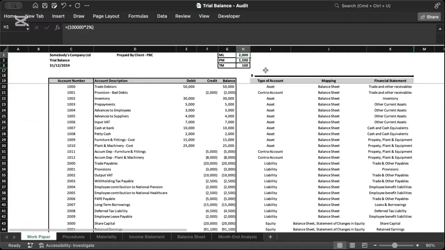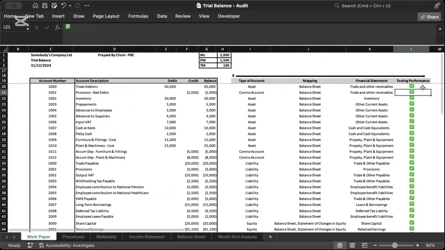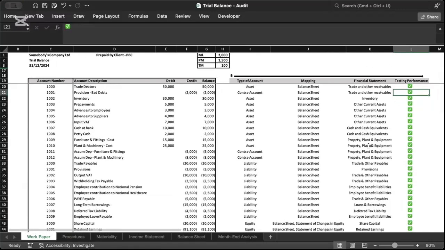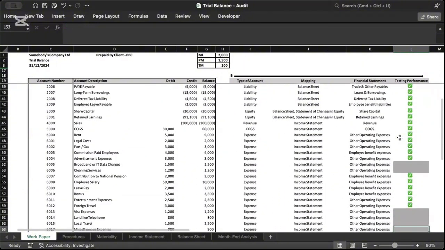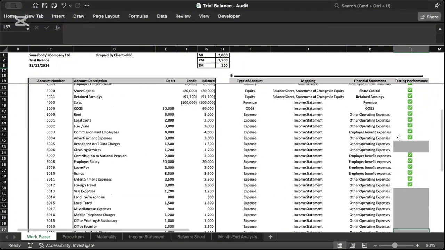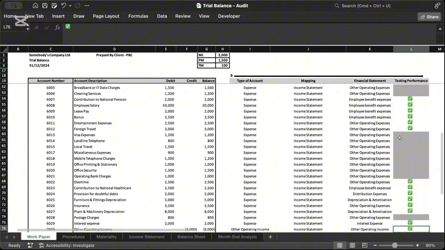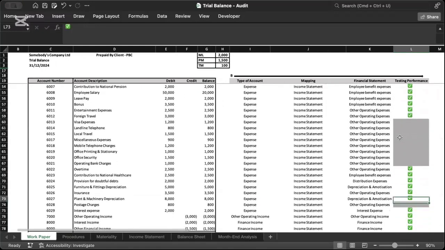And it also helps us understand which accounts we're going to test. So we can see here that all the accounts that have a minimum balance of $2,000 are going to be tested. And some within the performance materiality will probably be tested maybe as a whole. But you know the ones you're definitely going to test.